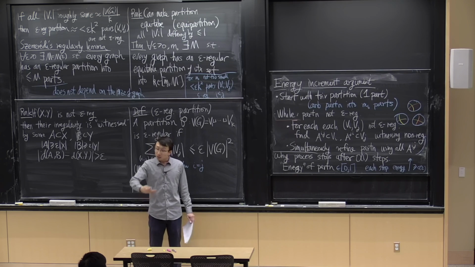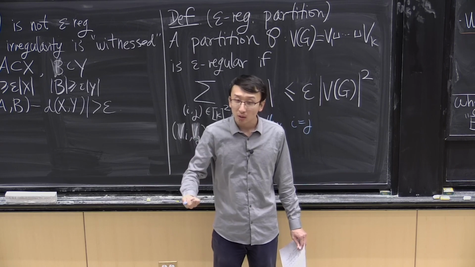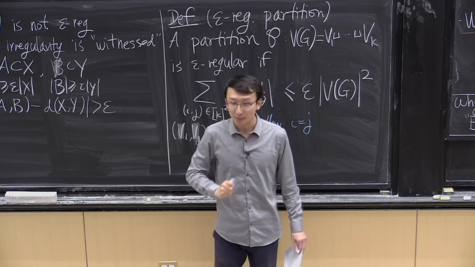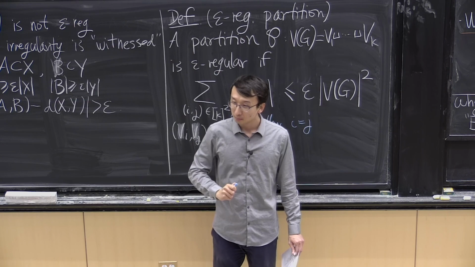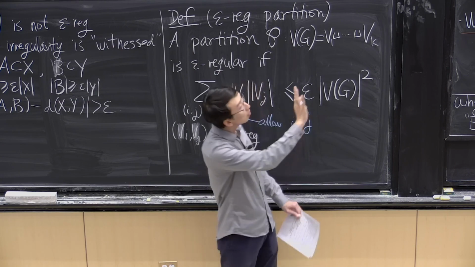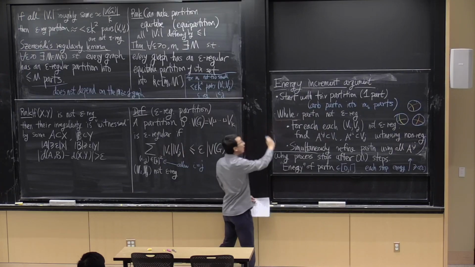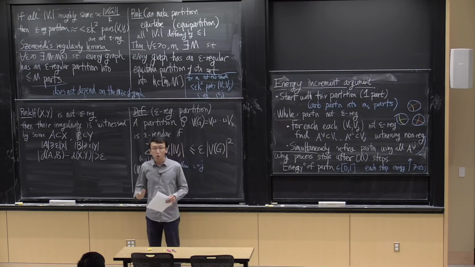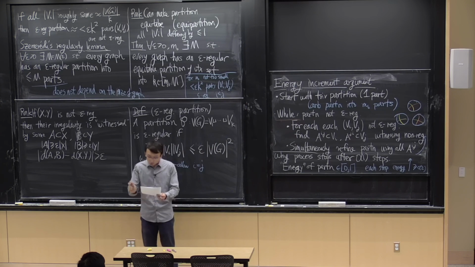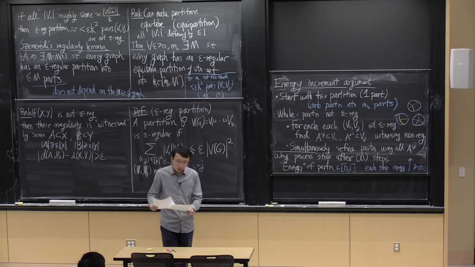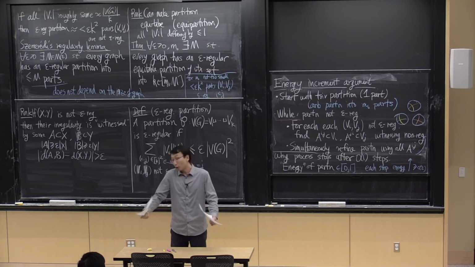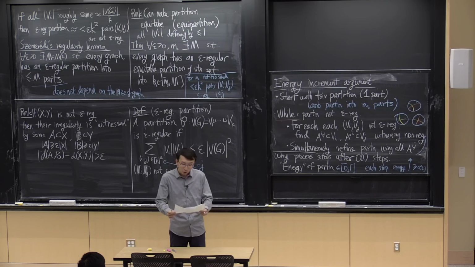Therefore, because the energy cannot increase past 1, this iteration stops after a bounded number of steps. And once it's done, we end up with an epsilon-regular partition. Okay, so that's the basic strategy. And what I want to show you is how to execute that strategy. But any questions so far?